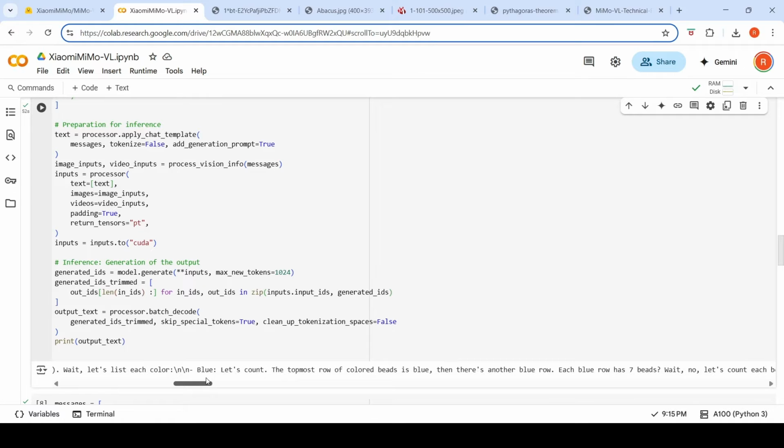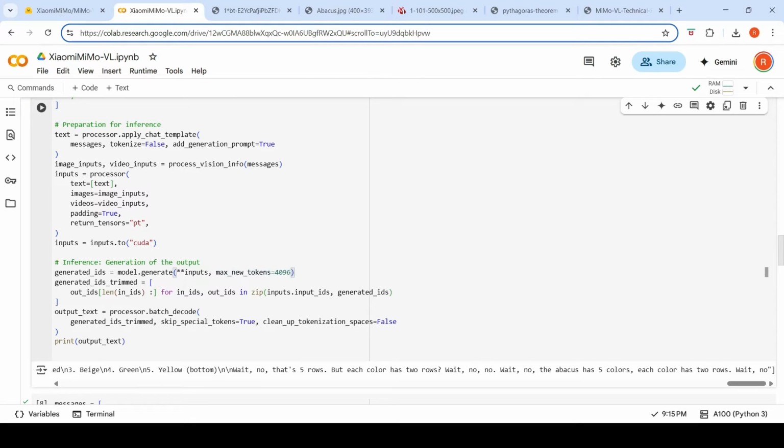Let's count. Each blue row has 7 beads. Wait, no, let's count the beads. There are 5 vertical rows. It goes into a lot of counting, 7 plus 7 is equal to 14, and so on. It's not able to generate the answer within 1024 tokens. We'll change it to 4096 and see if we can get some better output.